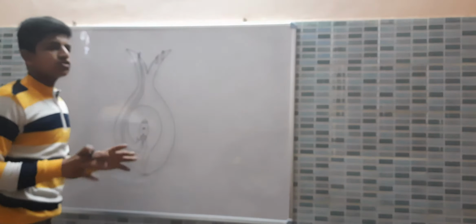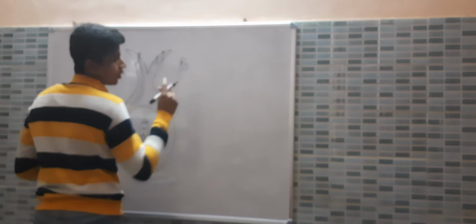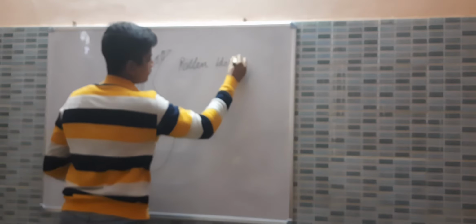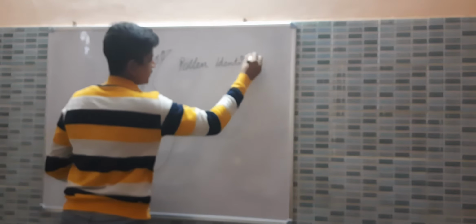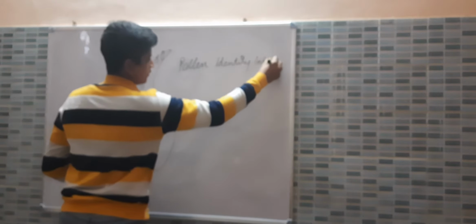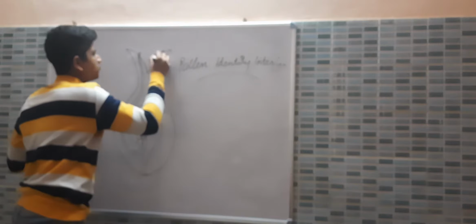How this fertilization takes place is, there is a test, that is the pollen grain test, or the pollen identity interface. By this test it is important to choose one of the three of them.